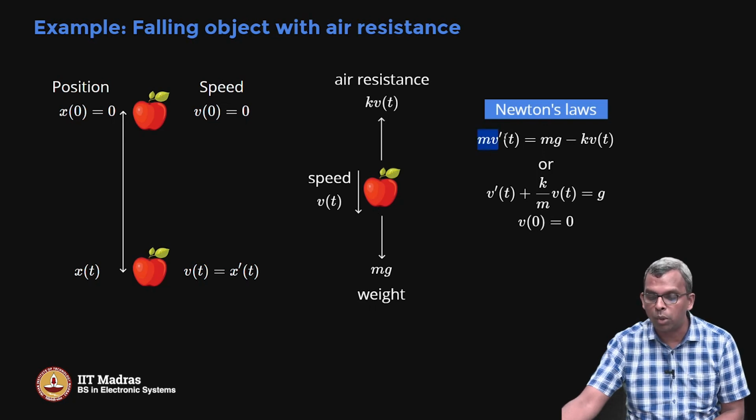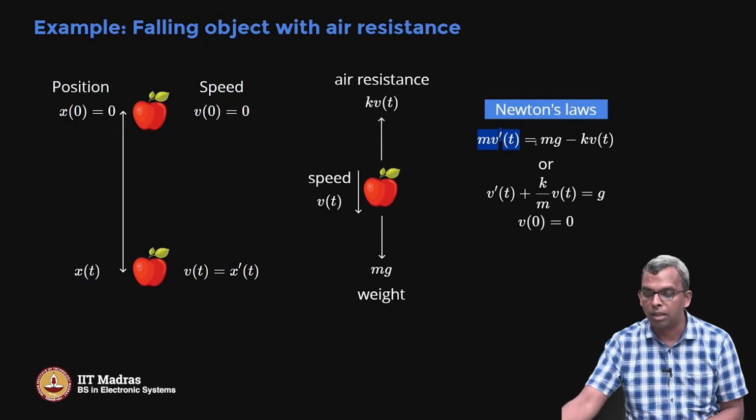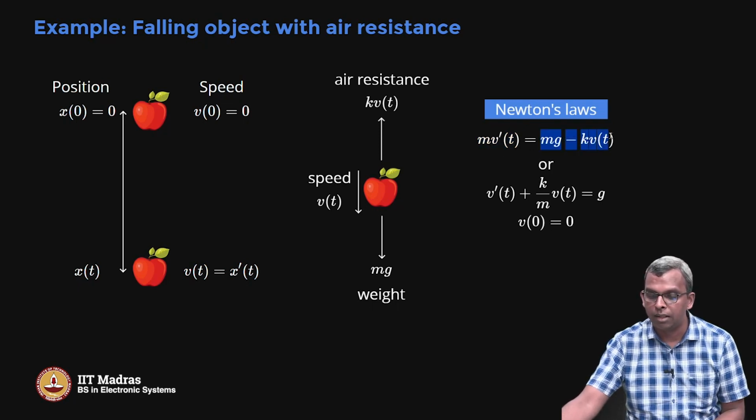That is going to be equal to mass times acceleration. That is Newton's law. Acceleration is v prime of t. Or you can move this around and notice what equation you have here: v prime of t plus k by m v of t equals g.